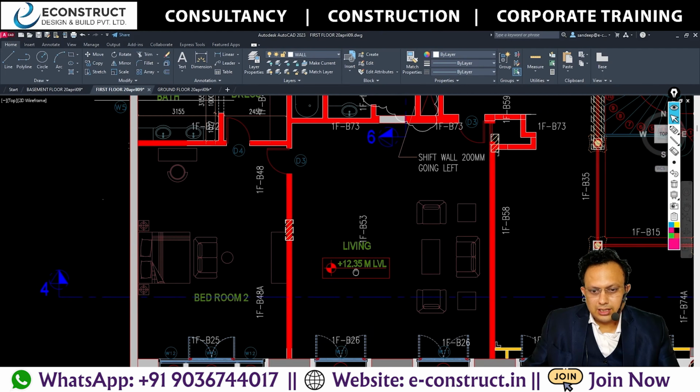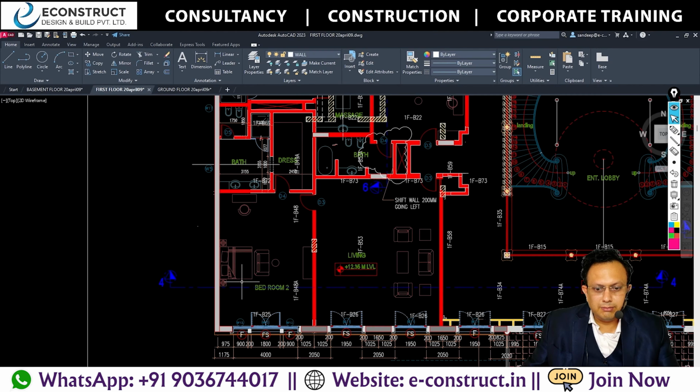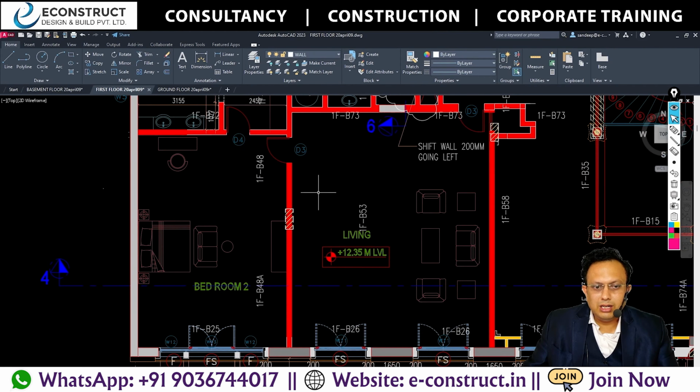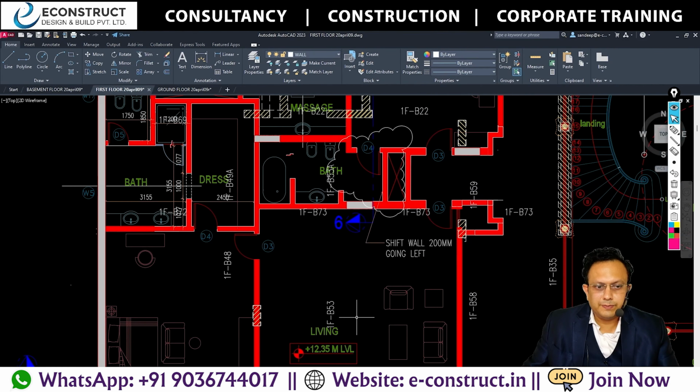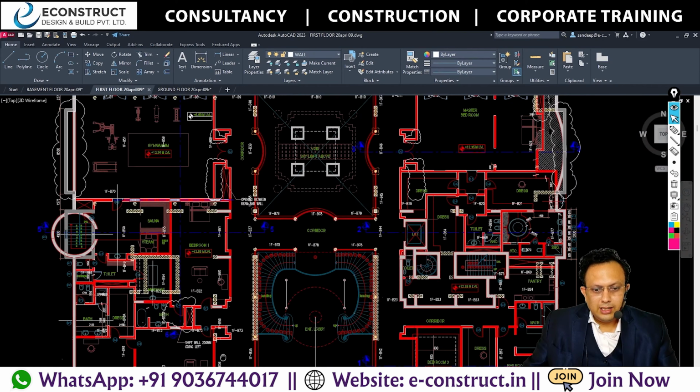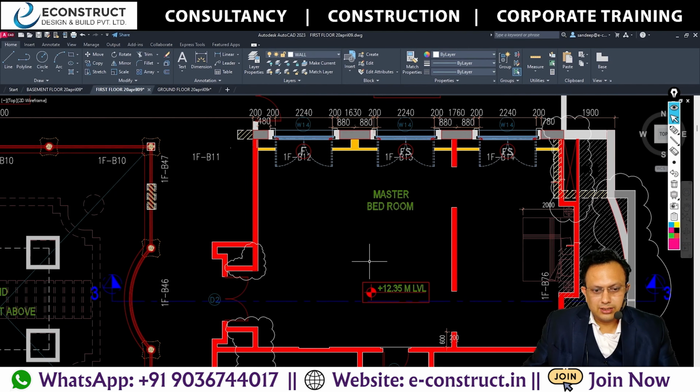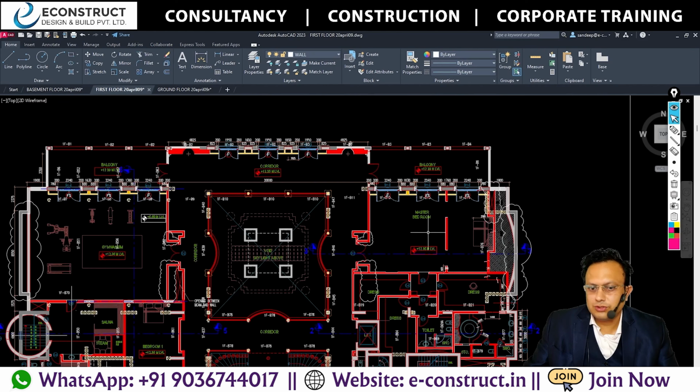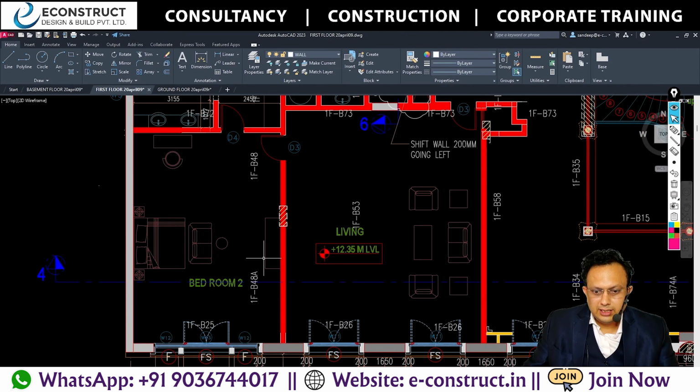Now here this is another bedroom, and this is a small living room connected to the bedroom, like what I have shown you over here. So this is the living room for this bedroom. Similarly, this is the living room for this bedroom.